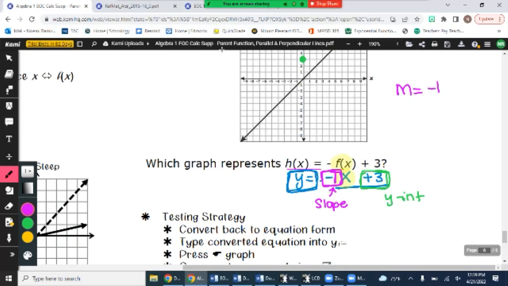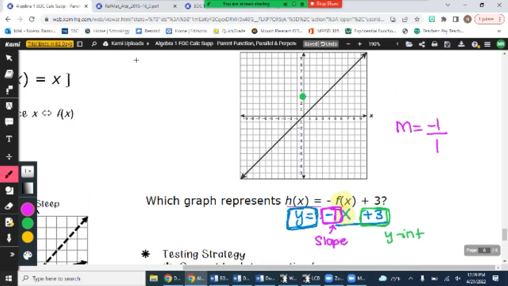So I put that -1 over a 1. Since it is a negative, what do we do from that point? Go down to the right. It's always up to the right or down to the right. But this one, we go down 1, right 1. Down 1, right 1. Keep going. And now that you have that line graphed, just compare it to your answer choices when you get your packet.